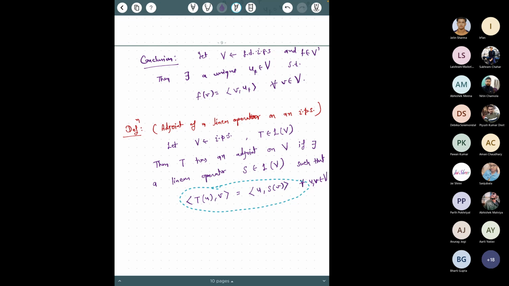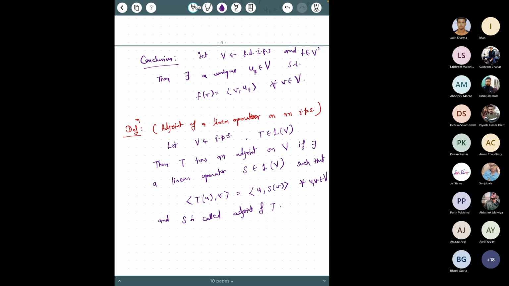Then we say that T has an adjoint, and this linear operator S is called an adjoint of T.